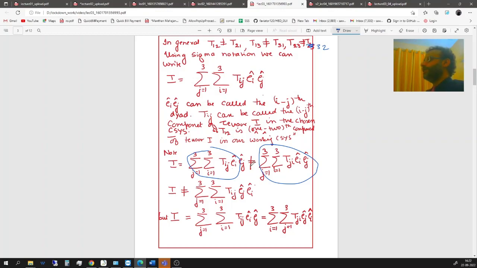So Tij Eij double summation is indeed tensity, but Tji Eij is not my tensity. That is why they are not equal. And similarly, T will not be the same as summation over Tij Ej Ei. So whatever is the order here, that order should be retained when you write that dyad. That is the key point.